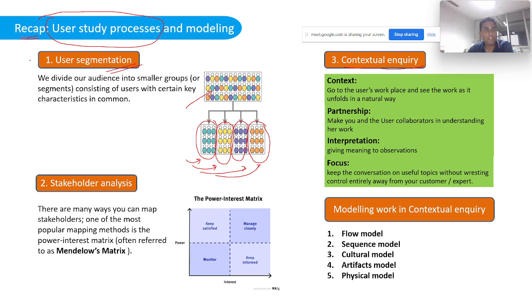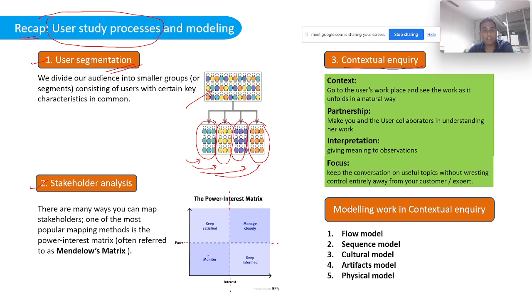Okay, so the very first thing we do is user segmentation, then we do stakeholder analysis. The stakeholder analysis process means we try to evaluate and map what level of engagement we need to have with specific stakeholders in a particular design project.